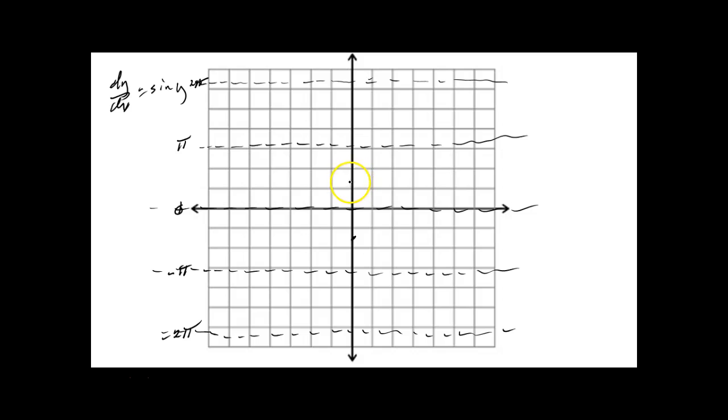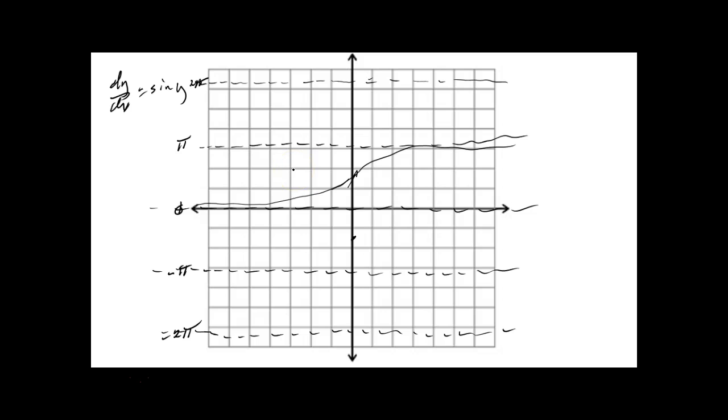Here we know it has to be increasing because it has a slope of 1. dy dx is equal to sine y, and when y is pi halves, you have a slope of 1. So that means this curve has to be doing something like this. And when it's down here, it has a negative slope.